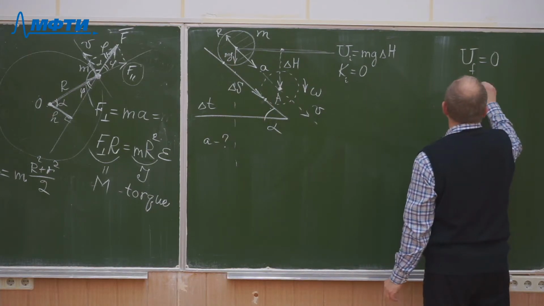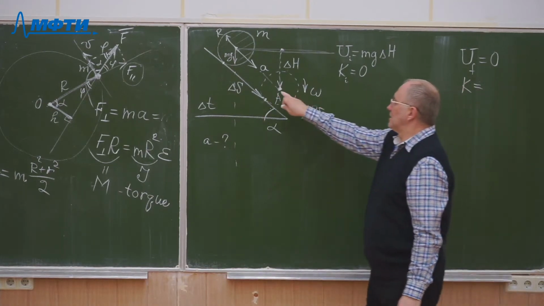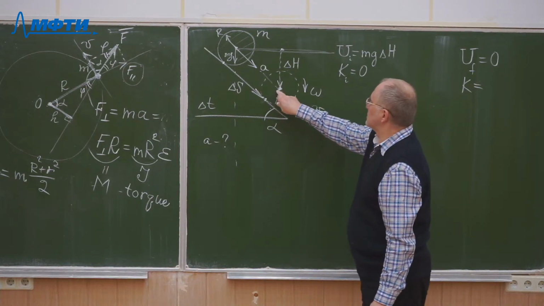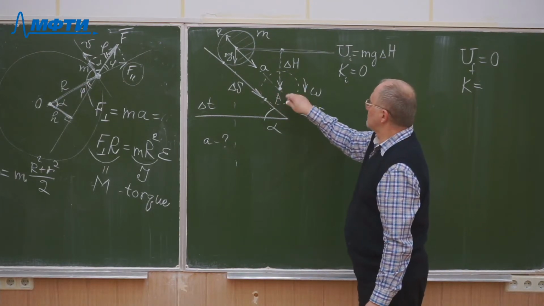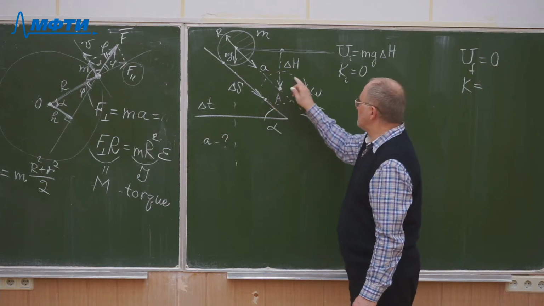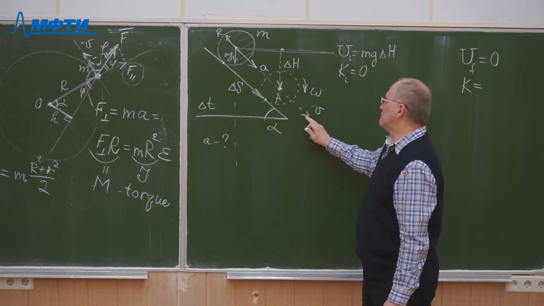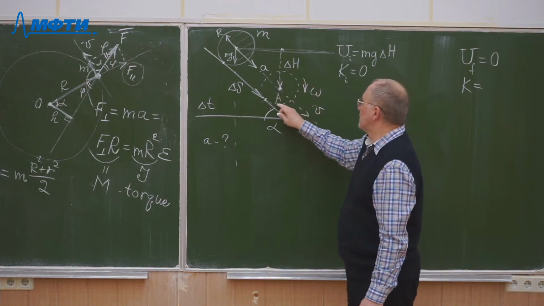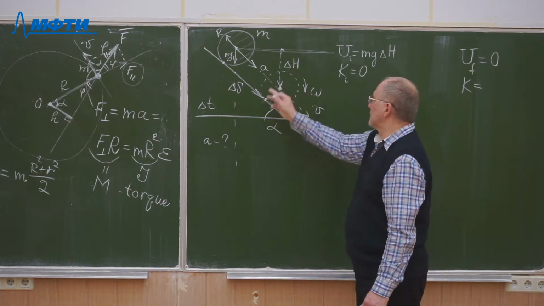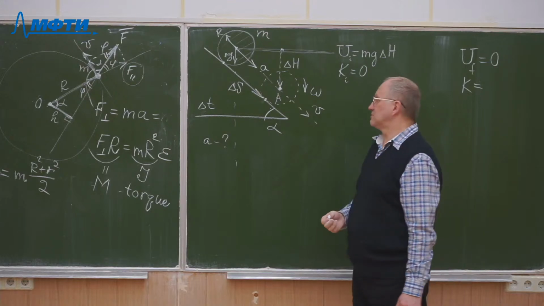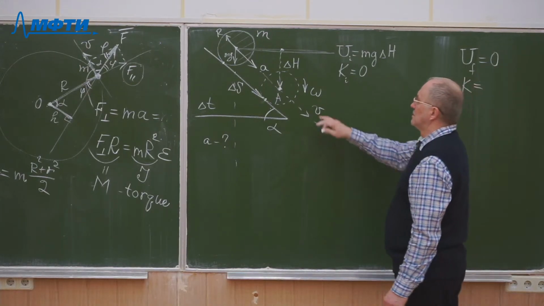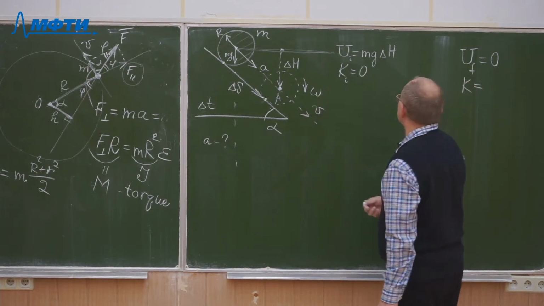And the final kinetic energy will not be 0 because in this position, the body will be engaged in motion. Its center of mass will have some velocity v, and besides, it will be rolling, it will have some rotational energy with some angular velocity.